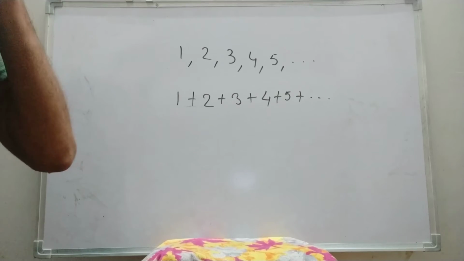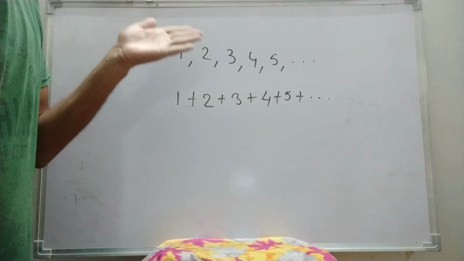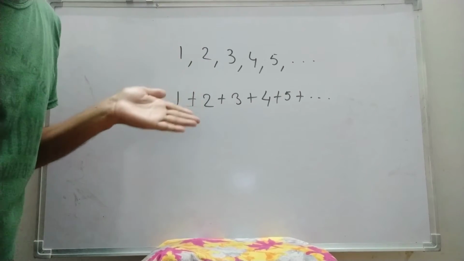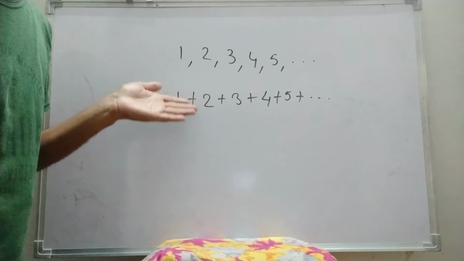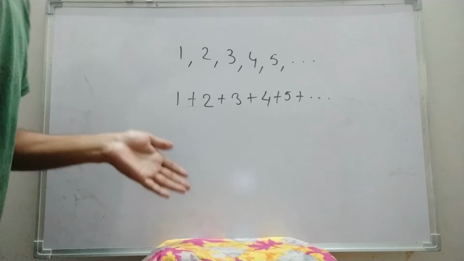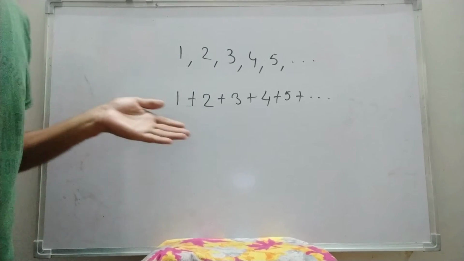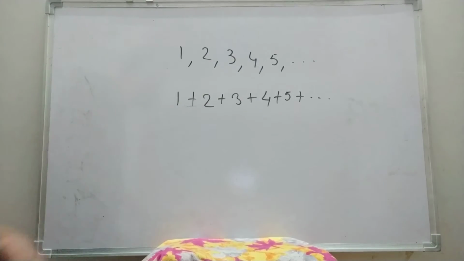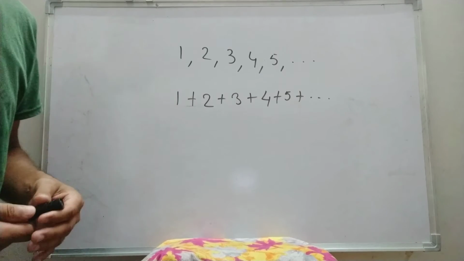And based on the number of terms, if it is a countable number of terms, then we call it a finite sequence and finite series. If these are uncountable, meaning an infinite number of terms, then we call it an infinite series.